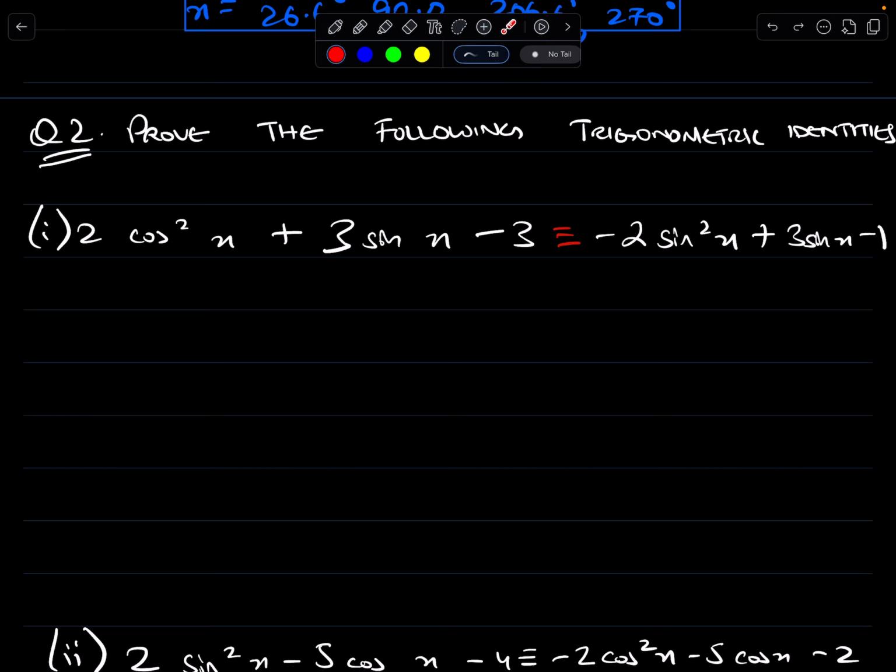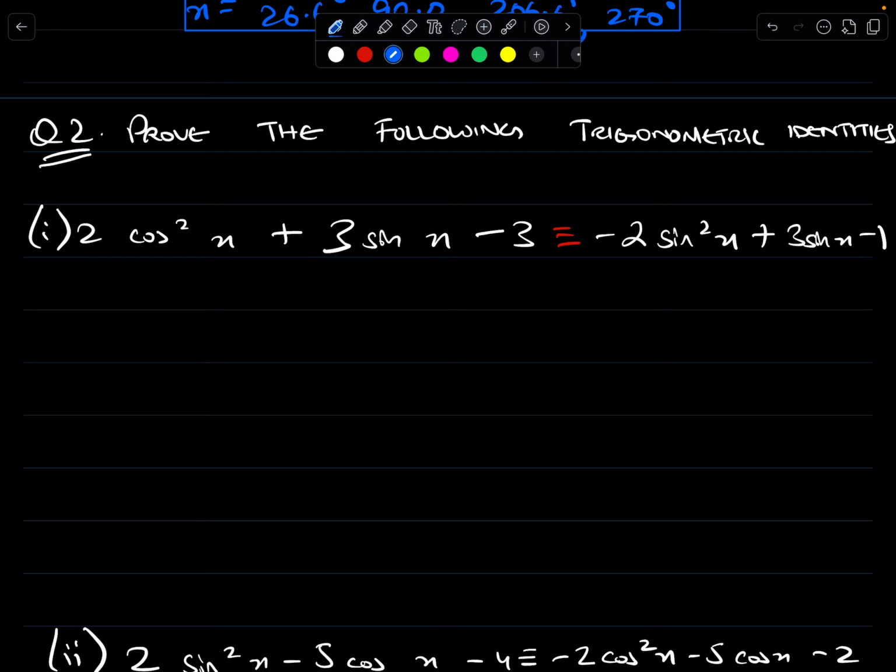Now, the second question is to prove these identities. Again, whenever you will be asked to prove an identity, you will have this sign which stands for is similar to. So let's start by simplifying this side.